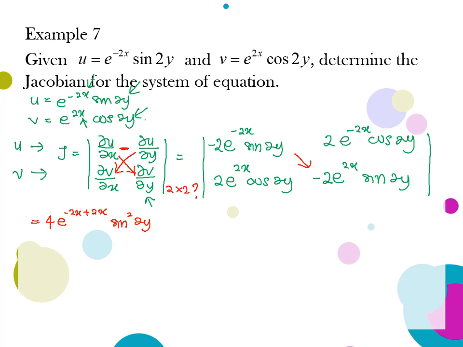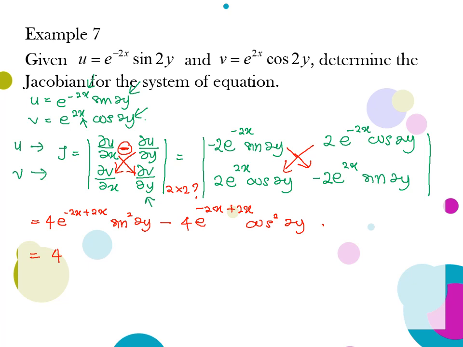Once you're done with that, don't forget it is always minus. So put minus, and do the second cross product. That will give you 4 exponent of negative 2x plus 2x, cos 2y times cos 2y, you will get cos squared 2y. Then simplify whatever you can.